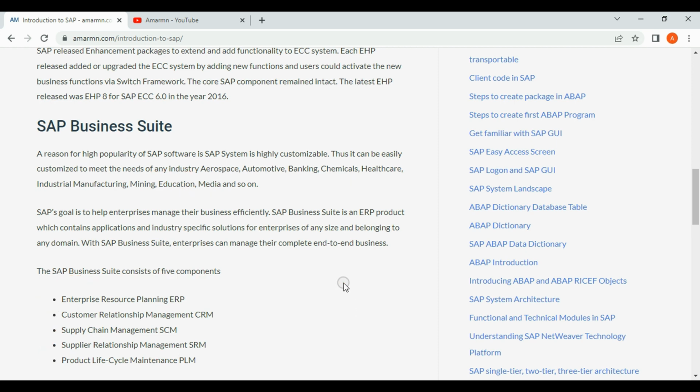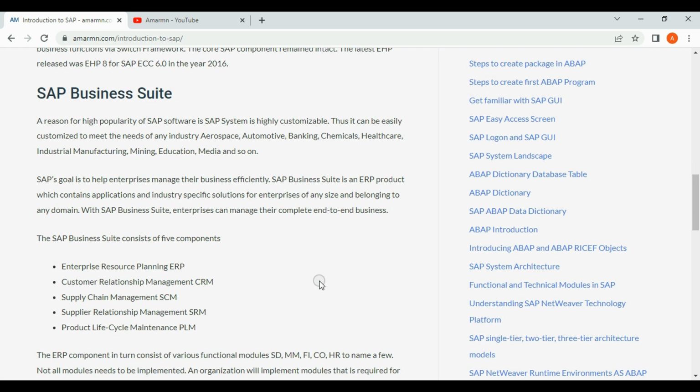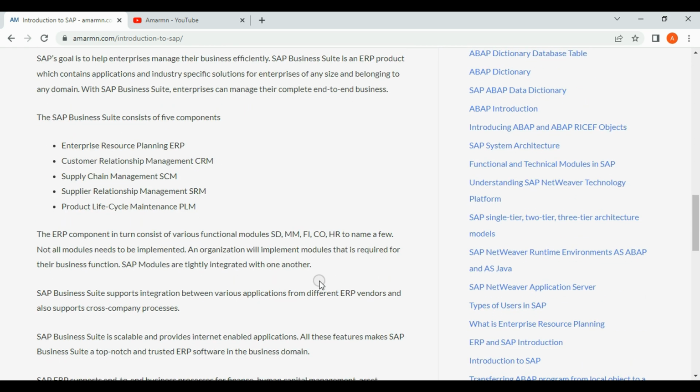Now, it's not necessary for an organization to implement all these components, but whatever is relevant to them, they can implement.